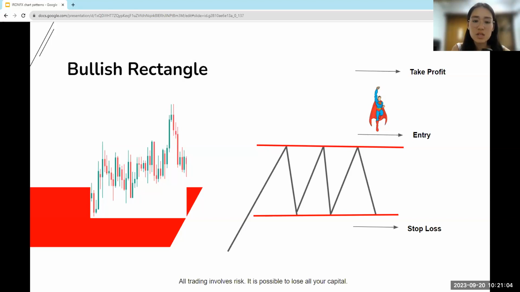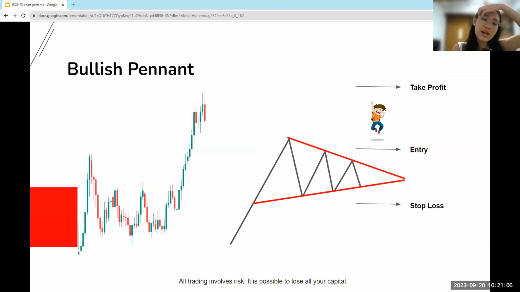Okay. Next, let's take a look at bullish pennants. For bullish pennants, some people call this flag shape as well. So it's entirely up to you what you want to call it, but it's all about the same. So for a bullish flag, we have this shape here.